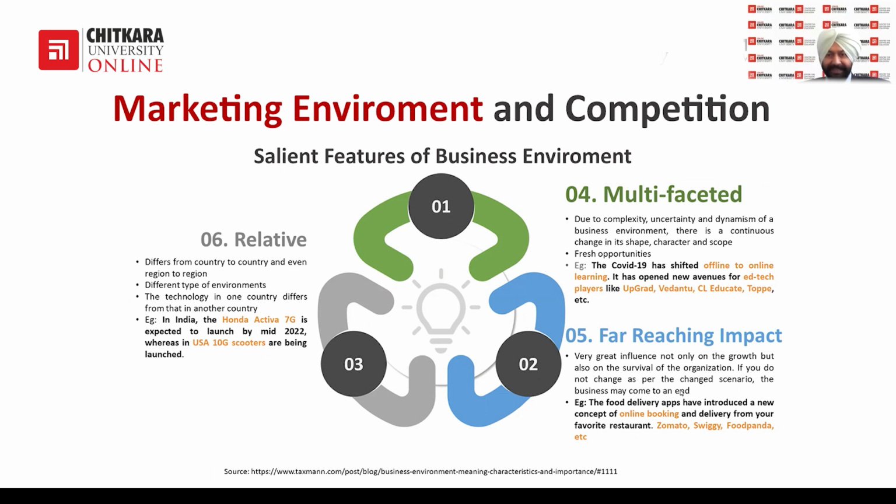So this has a far-reaching impact, right? And now we see hotels that are not registered, or not on the Zomato app, not mapped, are actually facing the heat. They are not getting the kind of business they would have expected, but others are getting it.